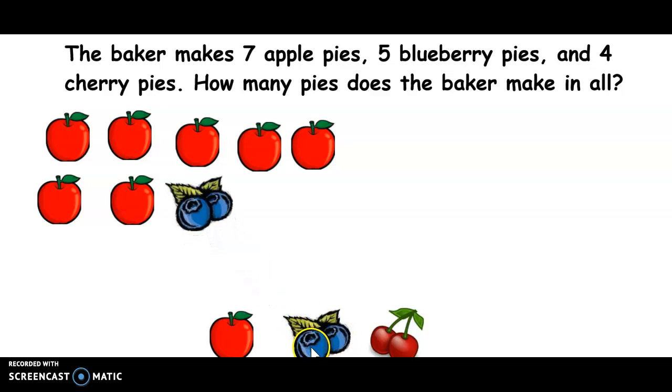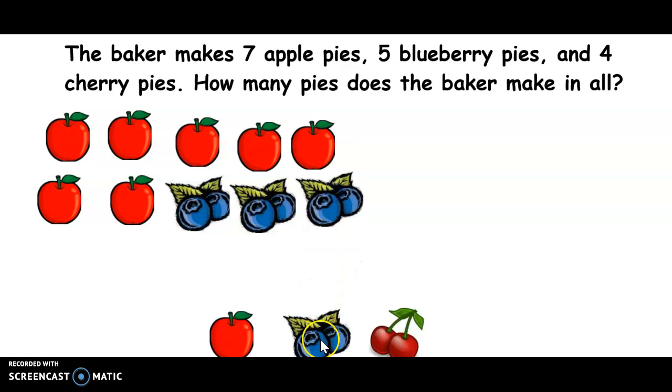1, 2, 3, 4, 5. I'm going to move these over just a little bit.